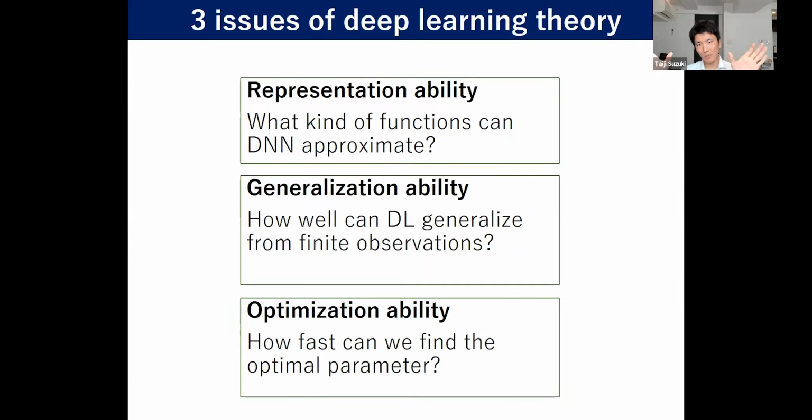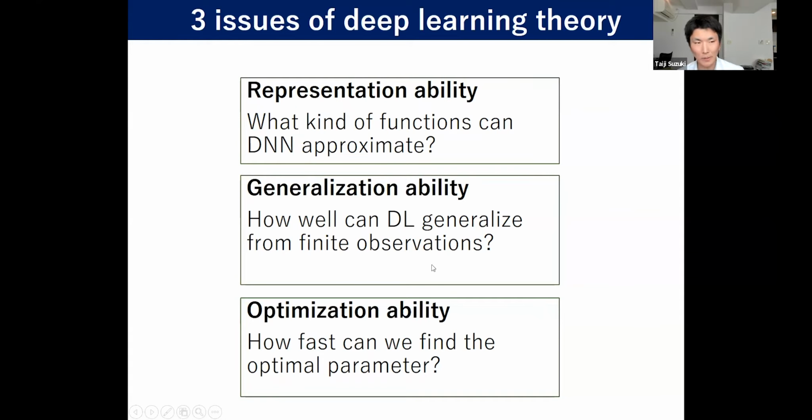There is some gap between the finite training data and test data. We should bridge this gap, so there appears the generalization ability. We need to generalize the finite training data points to the test data. Such a generalization ability analysis comes here.